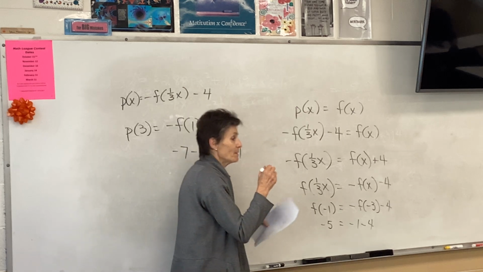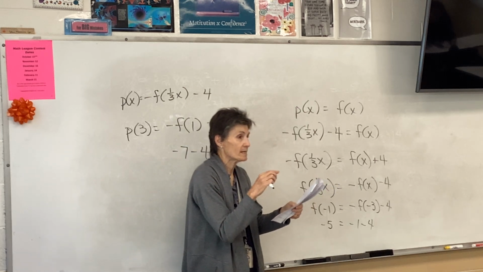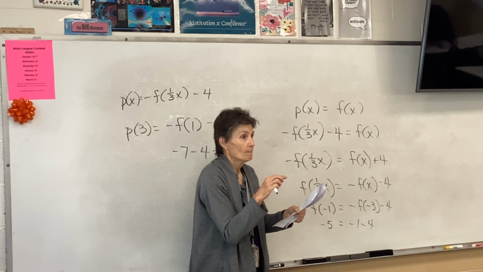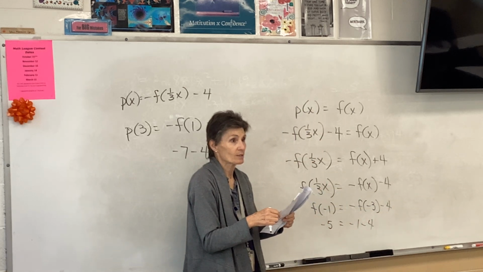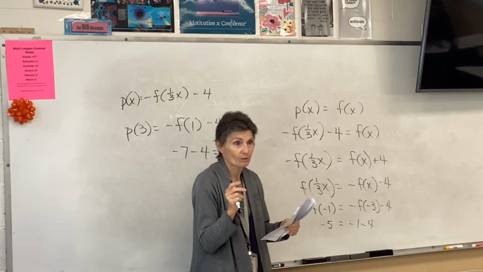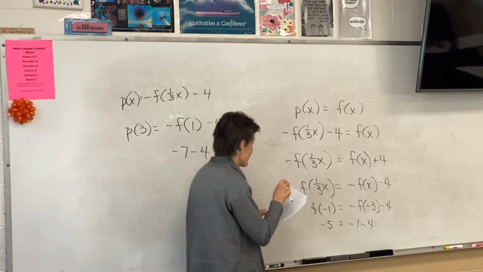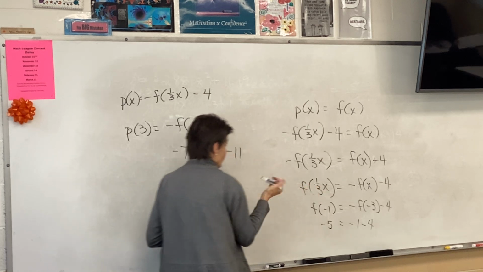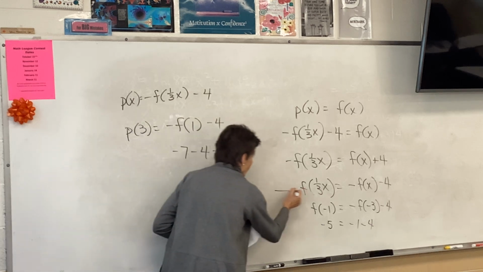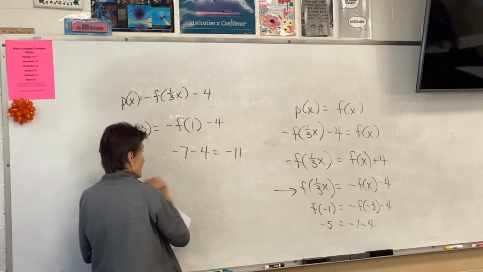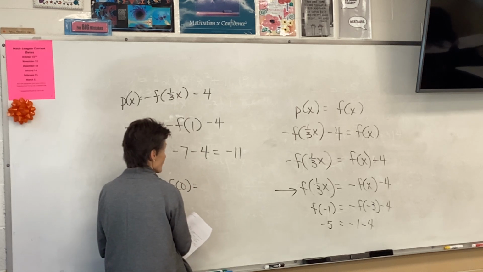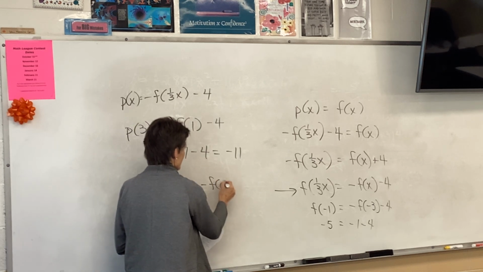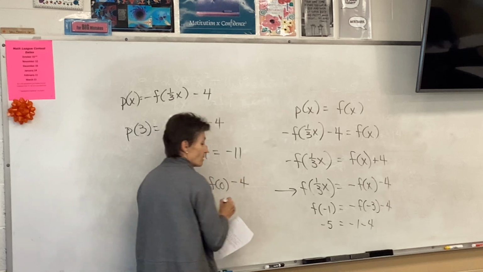Now, why am I picking numbers like -3 and 0? Because I can't have fractions, right? There are no fractions in my chart, so I'm picking numbers that are divisible by 3. So this formula, if I let x be 0, would say F of 0 equals negative F of 0 minus 4.